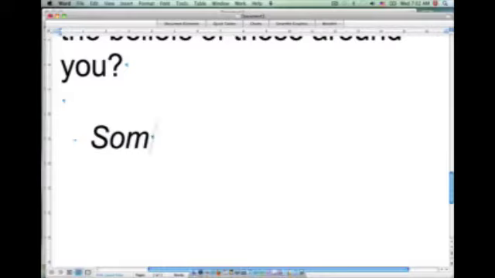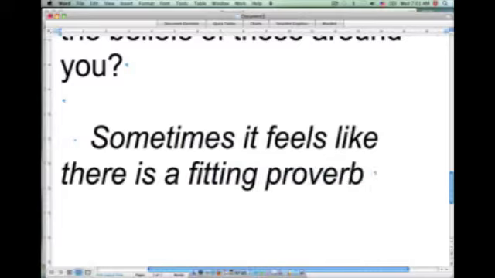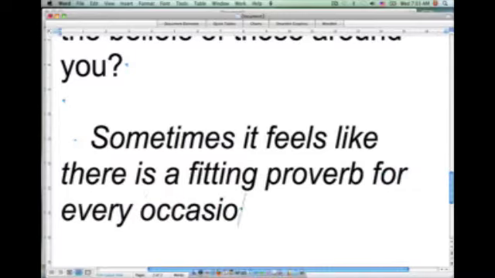So let's try something like, sometimes it feels like there is maybe a fitting proverb for every occasion. In writing this, it's sort of poking fun at the essay question in a way, because it's very true.